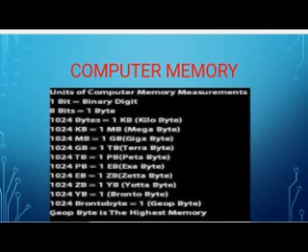1 bit equals a binary digit, 8 bits equal 1 byte. Next, 1 KB equals 1024 bytes. 1 MB equals 1024 kilobytes. 1 gigabyte equals 1024 megabytes. 1 terabyte, TB, equals 1024 gigabytes. 1 petabyte, PB, equals 1024 terabytes. 1 exabyte equals 1024 petabytes. 1 zettabyte, ZB, equals 1024 exabytes. 1 yottabyte equals 1024 zettabytes.